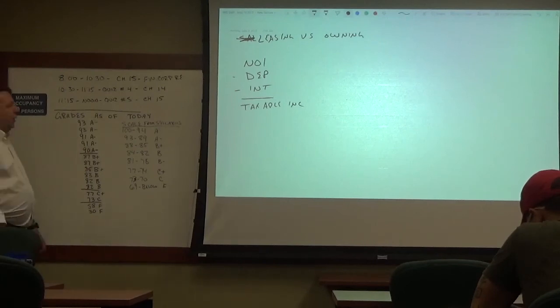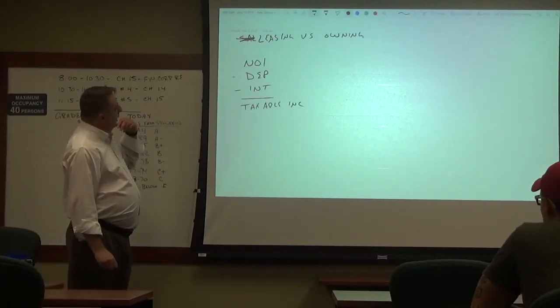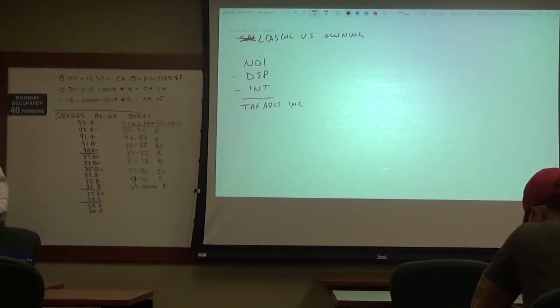So let me step back a little bit. Effective gross income minus total operating expenses gives us the net operating income.